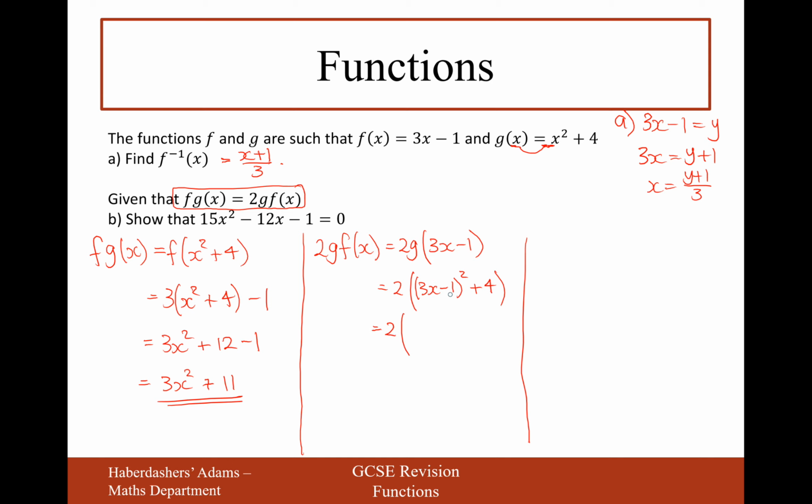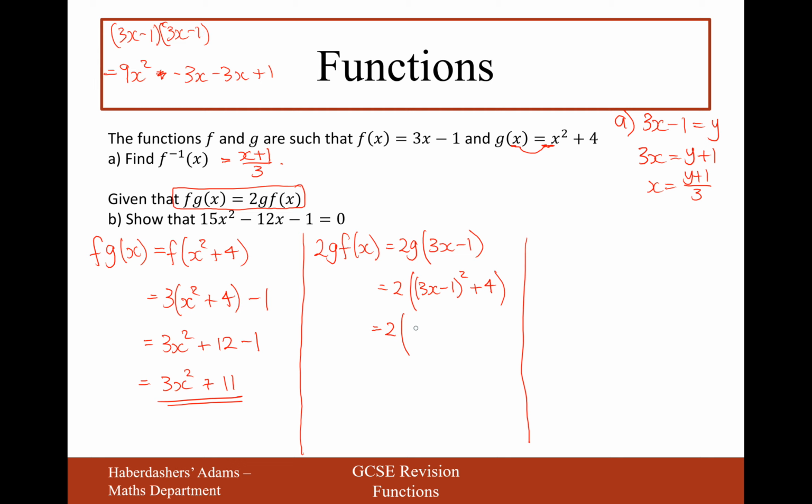And now we need to expand these brackets here. Remember that the way you expand a squared bracket is you multiply that bracket by itself. So it's going to be 9x squared plus, minus 3x, take away another 3x, and then minus 1 times minus 1 is plus 1.